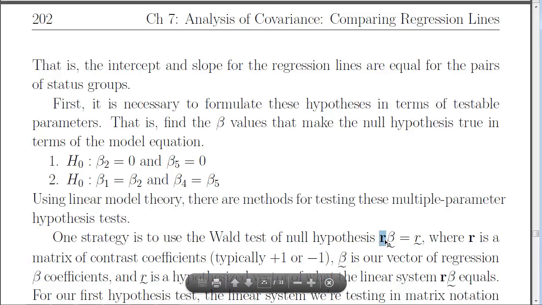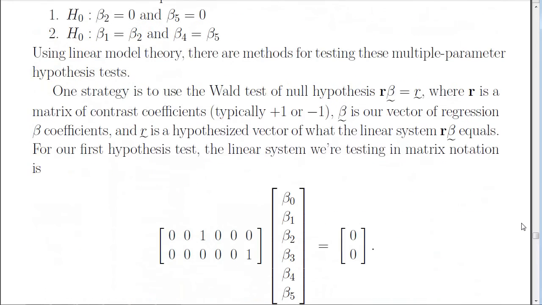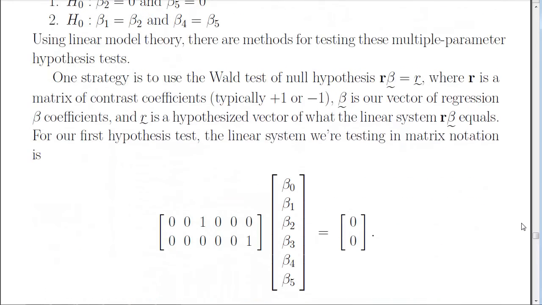We've got R as a matrix of coefficients as well as this r vector of values that it equals. All right, so we have to talk a little bit about matrix multiplication in order to understand how this works. Beta is our beta vector. Okay, so we've got our beta vector, beta 0 down to beta 5, a list of numbers.